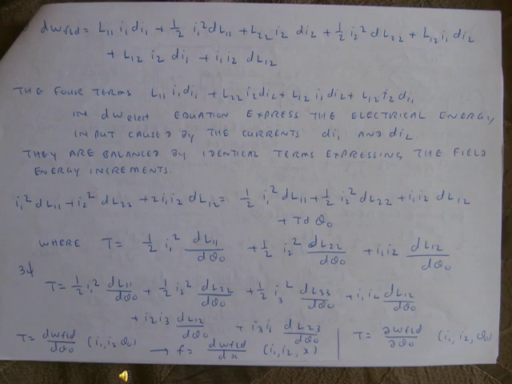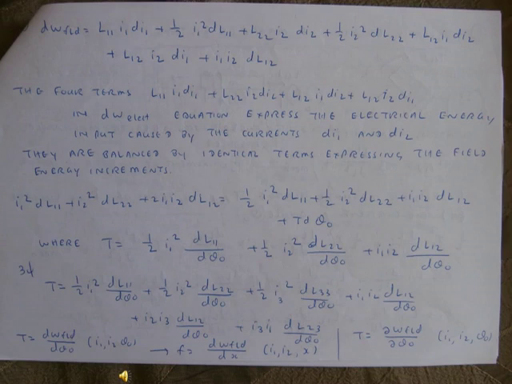The four terms are A11 I1 DI1 plus A22 I2 DI2 plus A12 I1 DI2 plus A12 I2 DI1. They are also included in the dW electrical equation. So they express the electrical energy input caused by the currents DI1 and DI2. This means that there are two input currents, the stator input current and the rotor input current.